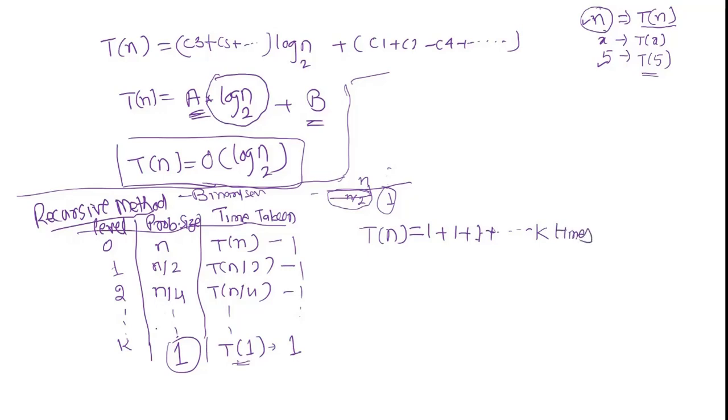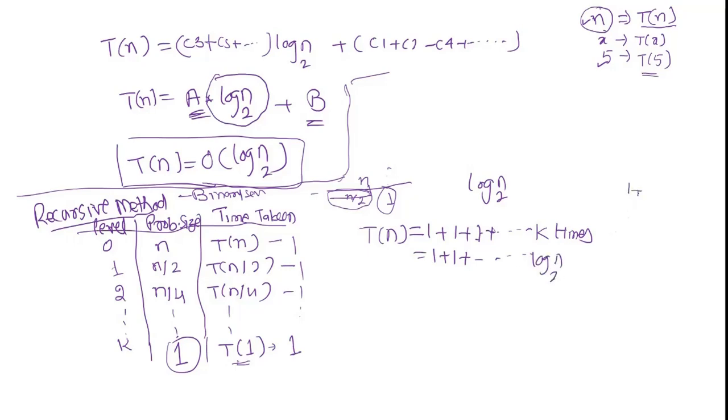Now what is k? k is nothing but log n, that is the number of levels where it will be divided into a subproblem of size 1. So k is log n base 2. So we have 1 plus 1 plus, how many times? Log n times, base 2.